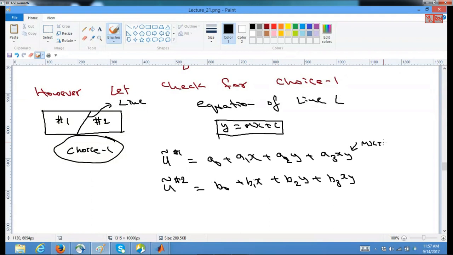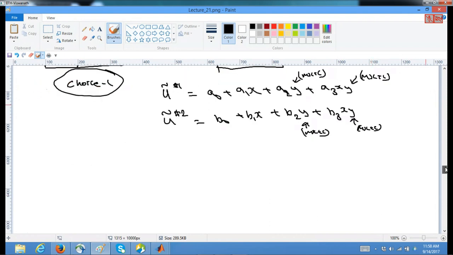If I do that, what I get is u tilde of element 1 along the line L is some a naught plus a1 x plus a2 x square, because x into another x would be x square.